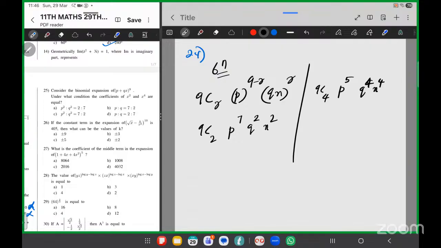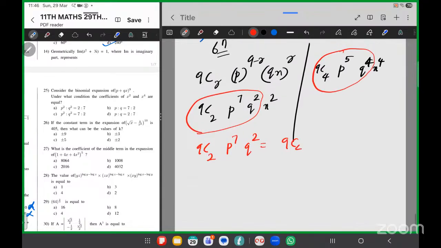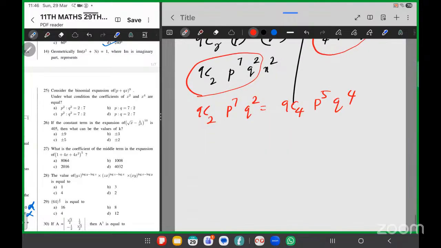If the coefficients are equal, that means 9C2 p raised to 7 q square equals 9C4 into p raised to 5 q raised to 4. P raised to 5 means p square comes here, q square means q square comes on the other side. So 9C2 into p square equals 9C4 into q square.